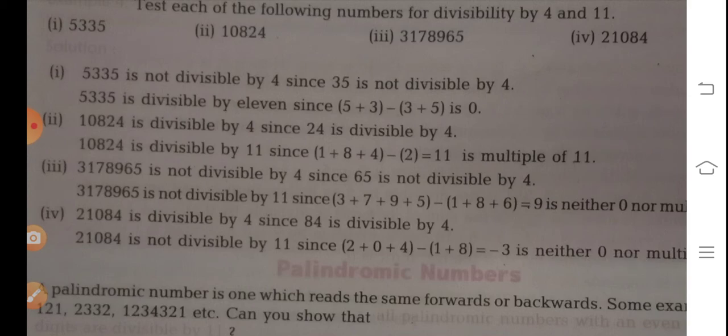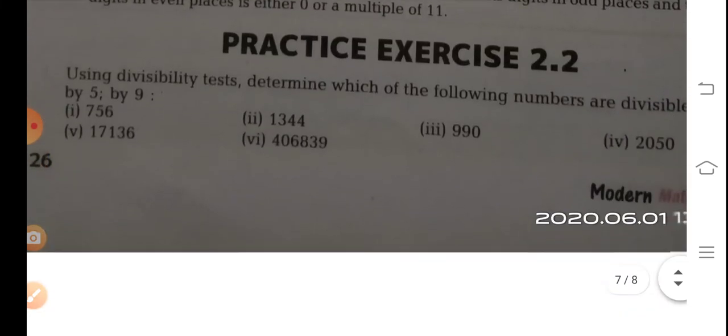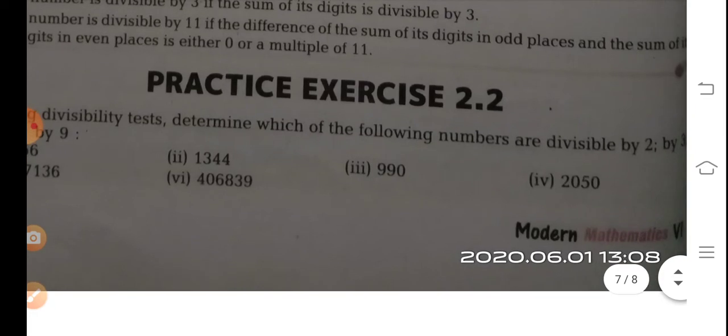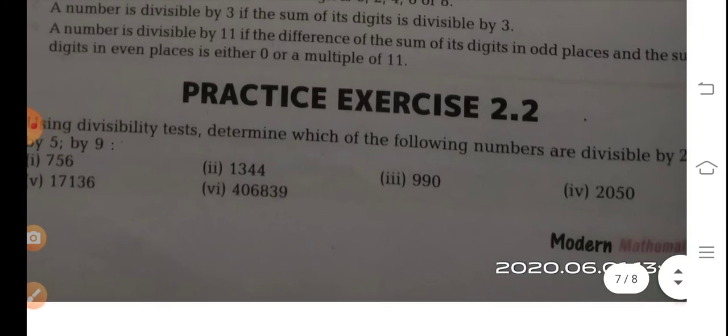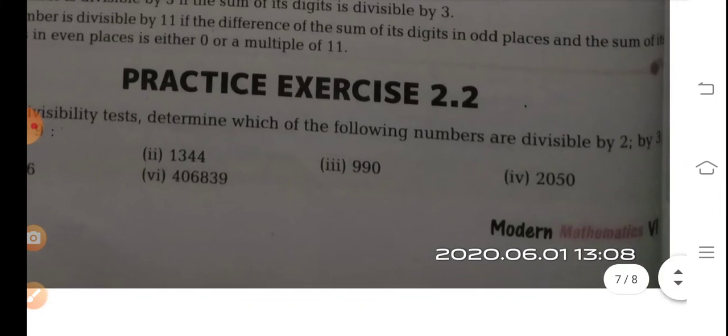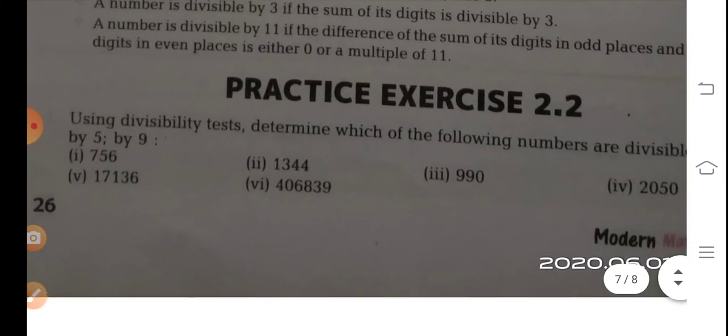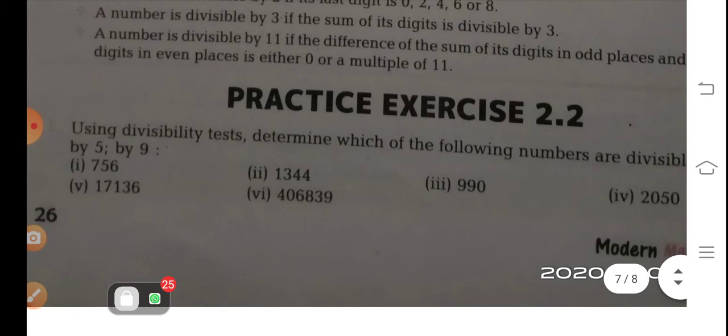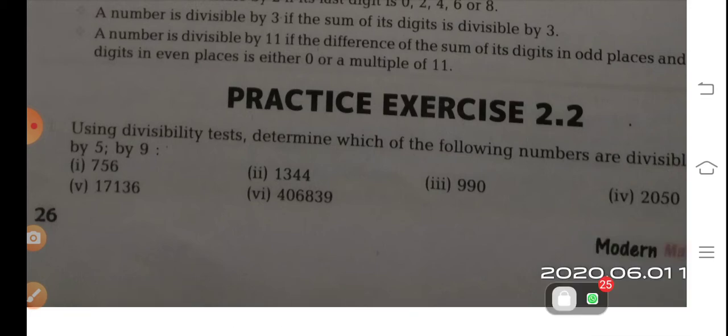Next, the same process goes on with the other number. Firstly use 2. The divisibility rule of 2 is that the last digit is 0, 2, 4, 6, 8, and here it is 6, so it is divisible by 2. Next, 2 and 3: add all the digits, 5 plus 7 is 12, 12 plus 6 is 18.